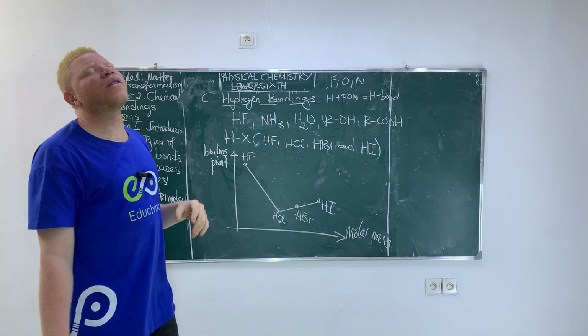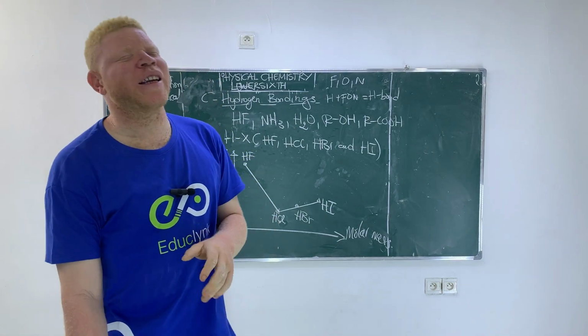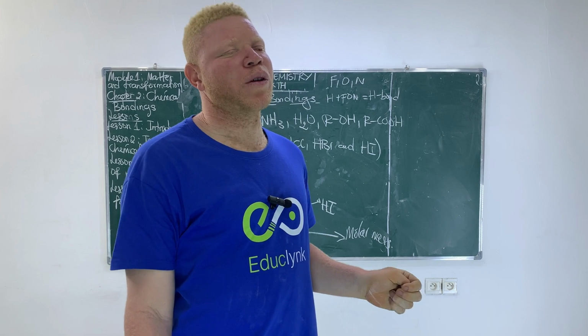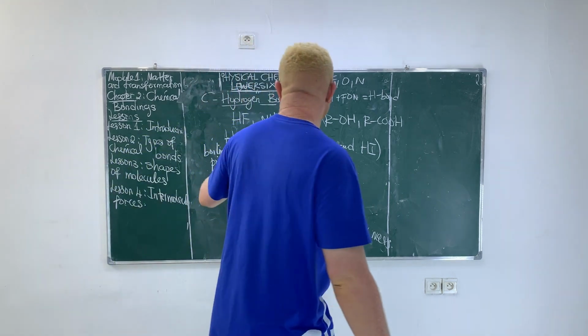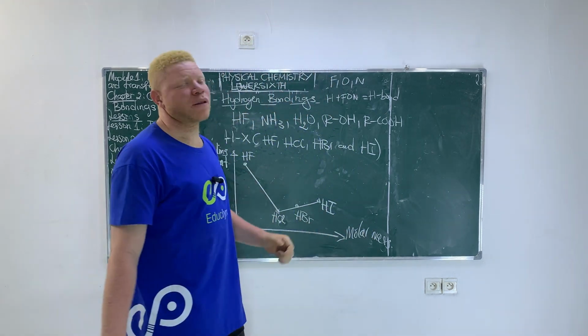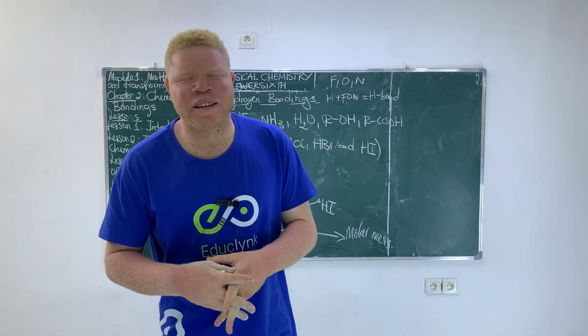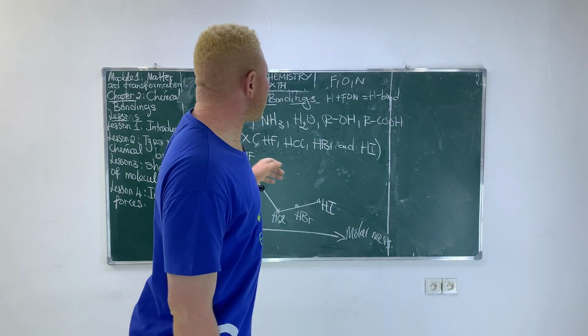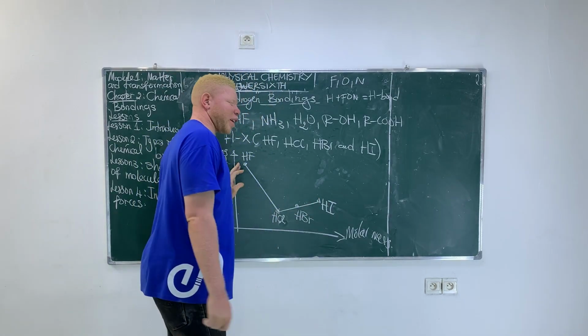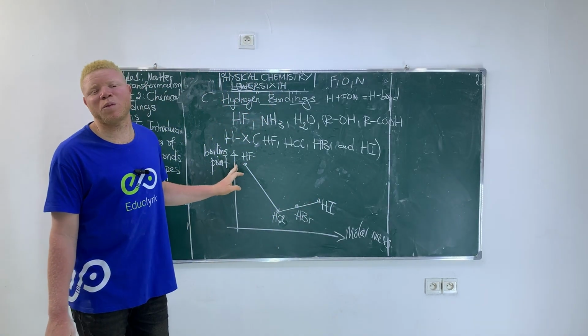So we clearly see that hydrogen fluoride has an exceptionally high melting and boiling point. This is simply because hydrogen fluoride contains hydrogen bonding. Hydrogen bonds are stronger than van der Waals forces. This explains why hydrogen fluoride has an exceptionally high boiling point.